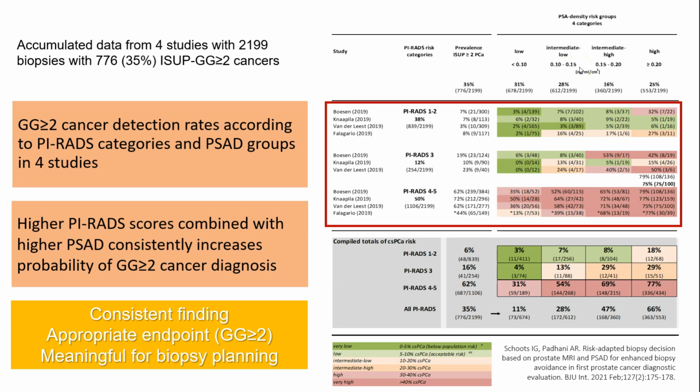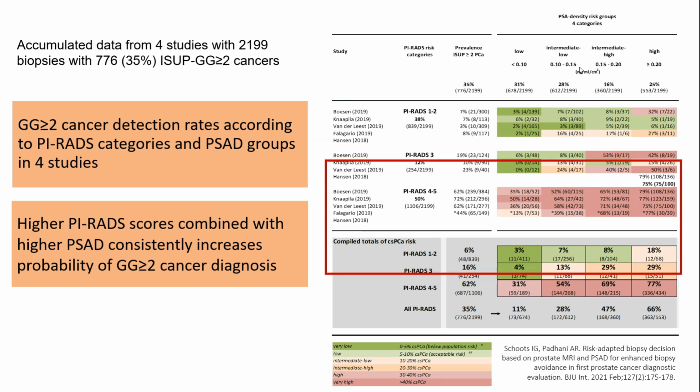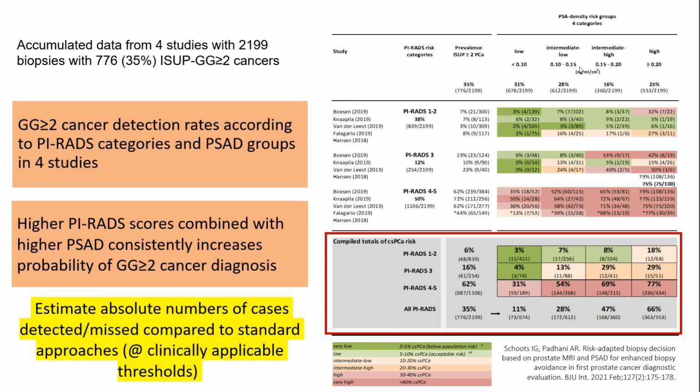So coming back to this data, we have shown that the combination of PI-RADS scores and PSA density consistently improves the depiction of clinically significant cancers, leading to meaningful results for biopsy planning. How do we estimate the absolute numbers of cases detected and missed compared to a standard approach at clinically applicable thresholds?